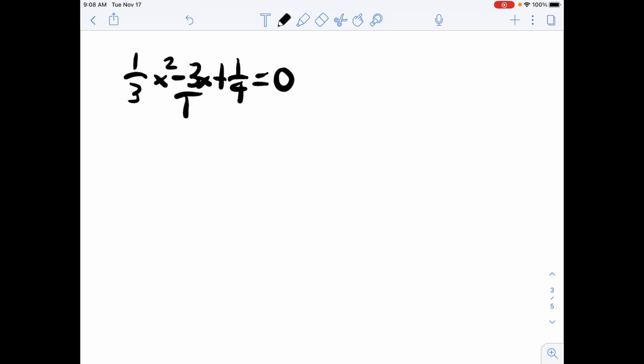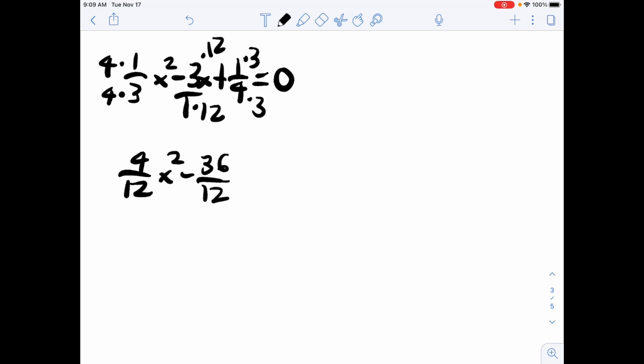So we've got to multiply the denominators by the number that makes it 12. So the 1 over 3 will be multiplied by 4, and the negative 3 will be multiplied by 12 on the bottom and top, and the 1 over 4 will be multiplied by 3 on the bottom and top. And now let's rewrite the equation. You have 4 over 12 x squared minus 36 over 12 x plus 3 over 12 equals 0.